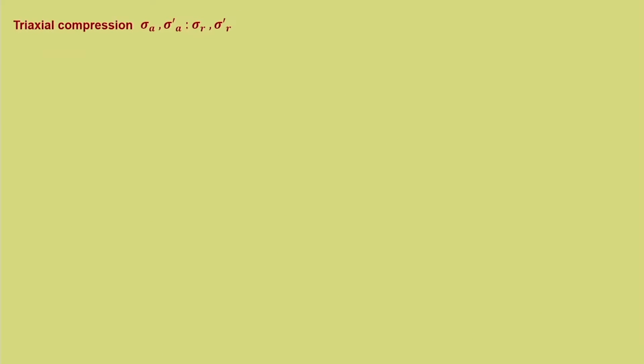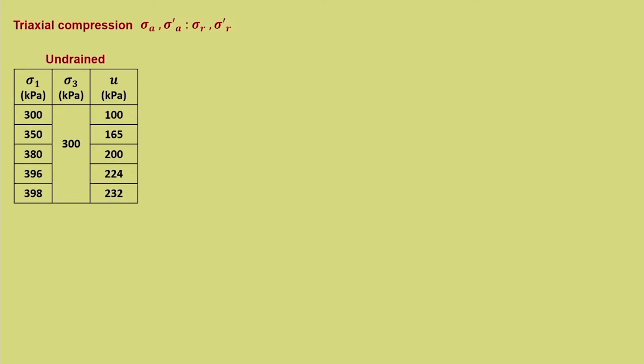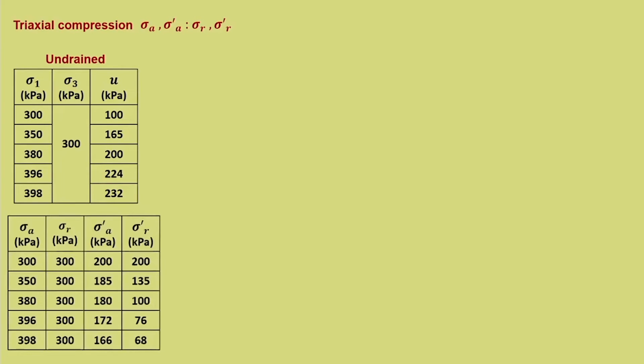Now for the same triaxial compression, the undrained test results. We have the undrained test results, and again we need to find sigma A and sigma R. That remains the same, 300 is sigma R, but sigma A dash will change, as the corresponding pore water pressure has to be deducted. So it looks like this: 300 minus 100, 200, like 398 minus 232, 166.